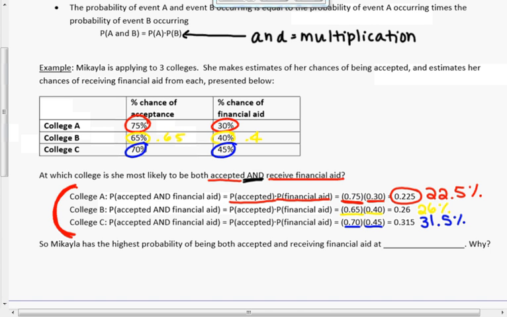So the question is, Michaela has the highest probability of being accepted and receiving financial aid at which college? And we should be saying college C. Why? Well, that's because she has a high chance of acceptance at 70%. Okay.